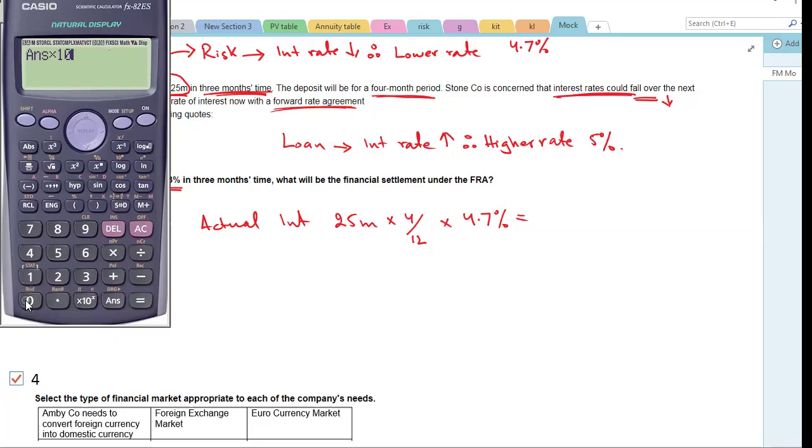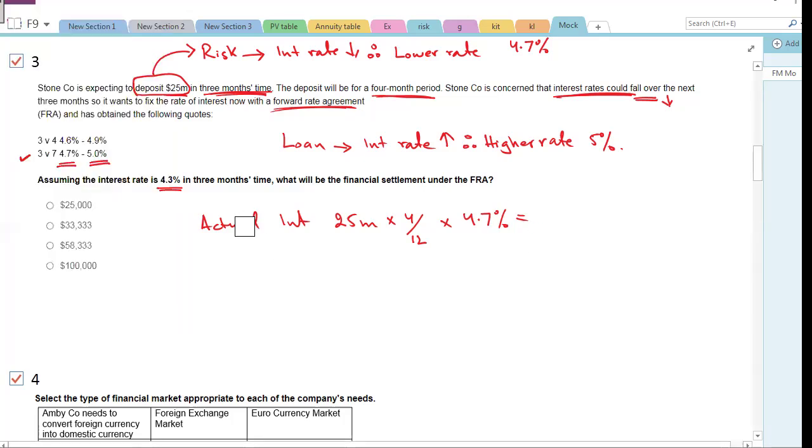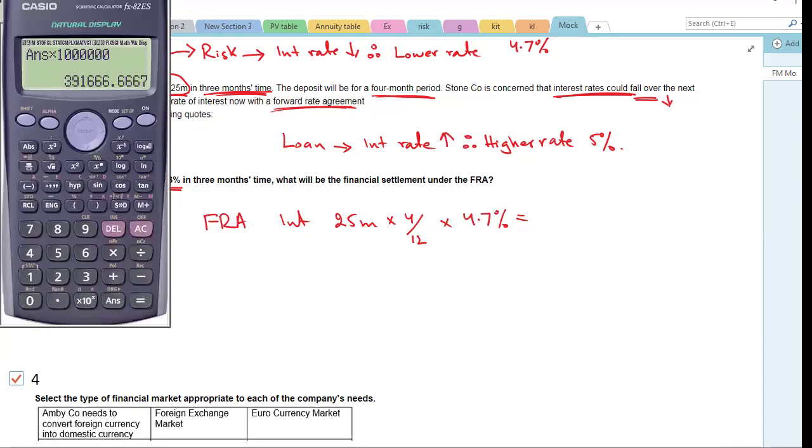So if you convert that, it will be 391,667. Oh, no, that's not the actual interest. Basically, that's the FRA one. The actual one is 4.3%. So we'll do that next.